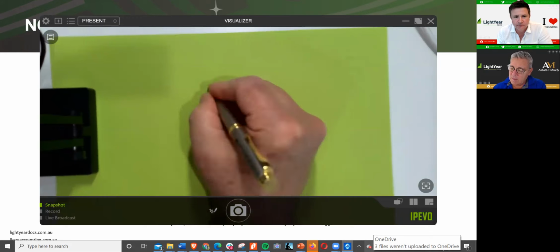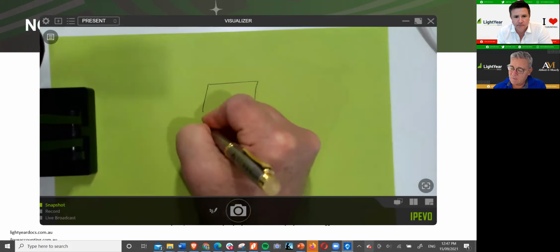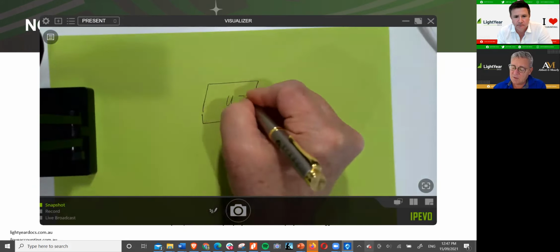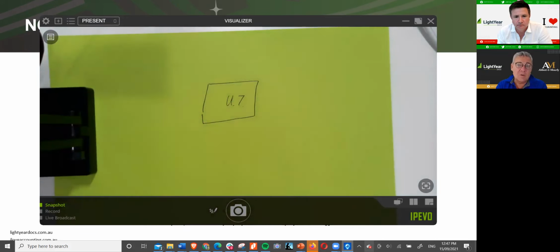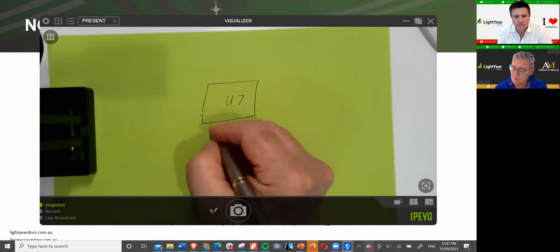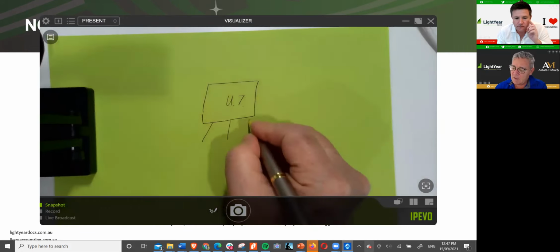So typically we'd set up a unit trust, and this is if we're going larger scale. And I'm going to go through a few of these anyway. So we'd set up a unit trust, and traditionally we'd have a whole range of units pop out of here. So that's okay.